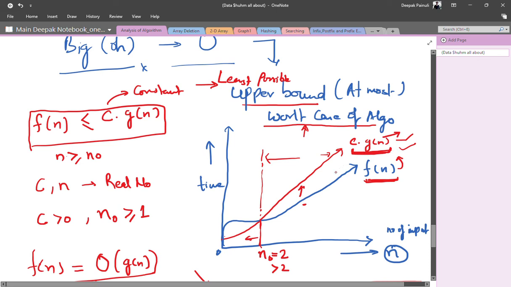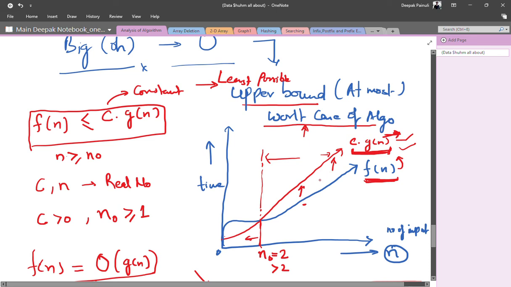So in the practical world, we will say to our customer that this function is upper bounded by this function, this rule. So our algorithm is going to use this function in the worst case. That means that will be the highest possible time complexity for our algorithm.